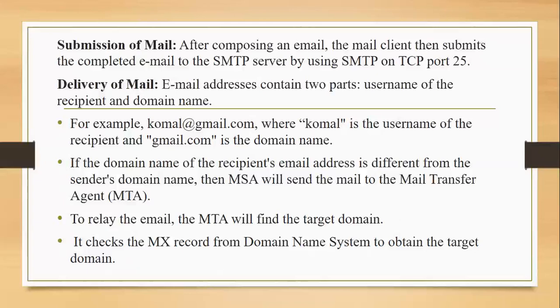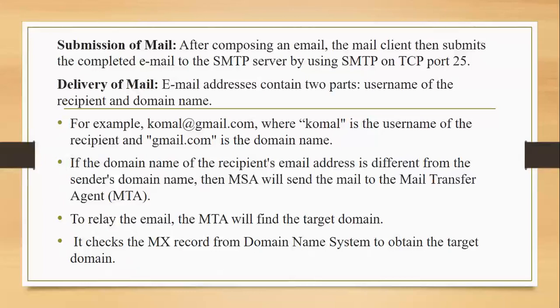For example, if I want to mail komal@gmail.com, here komal is the username and gmail.com is the domain name. So I must know about the user and the domain where I want to mail. If the domain name of the recipient email address is the same, then it does not affect anything.